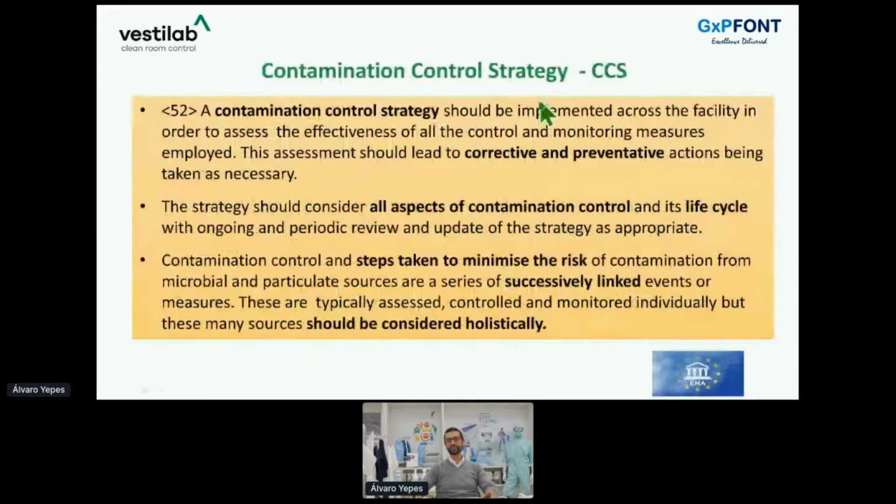The contamination control strategy comes as one of the strongest novelties of this Annex 1. And what is important here is that we need to have a holistic approach that takes into account the different aspects involving contamination control, and also the life cycle of those aspects through the plant life cycle and the product life cycle, and that we try to focus on a corrective and preventive approach instead of a reactive approach.